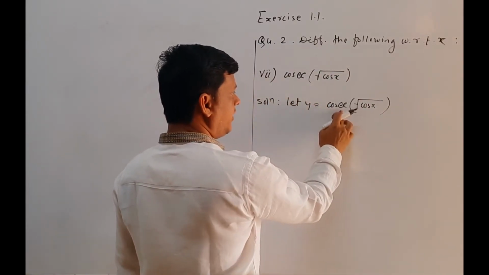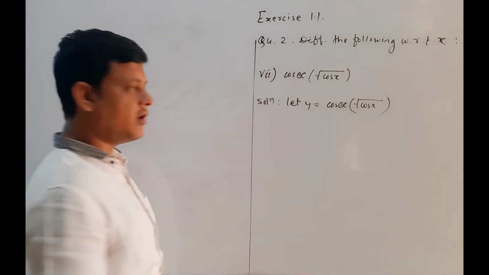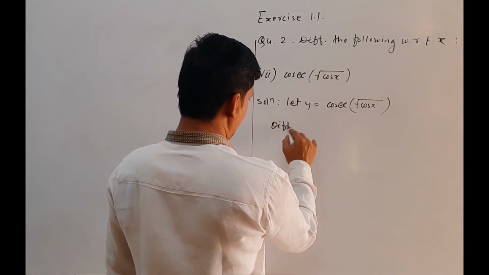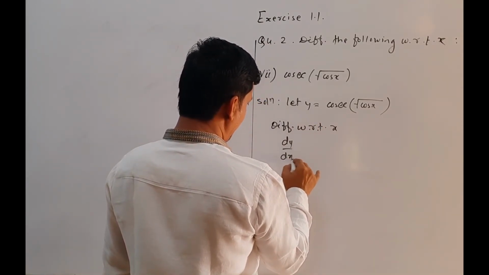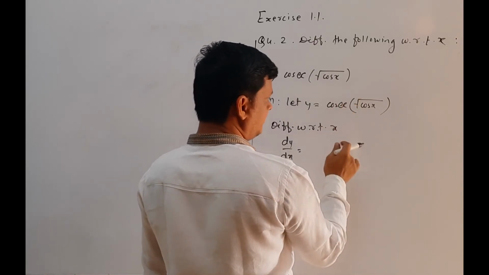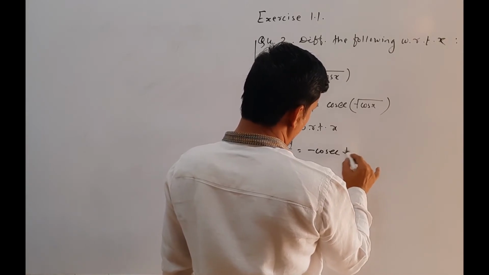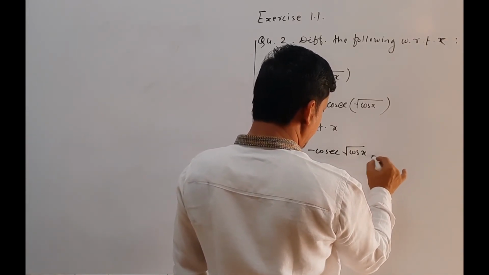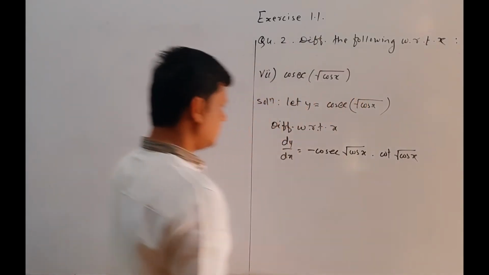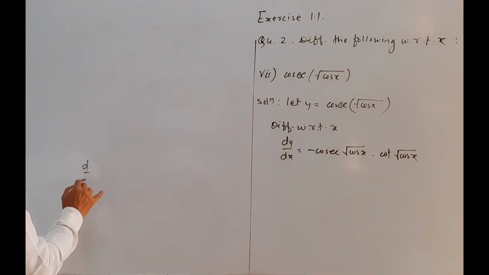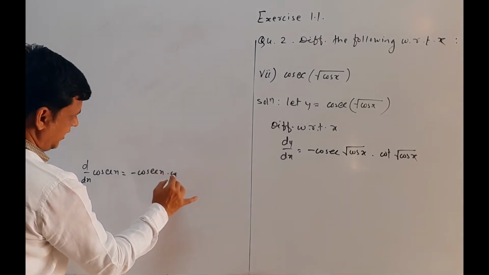So first we find the derivative of cosec, then we find the derivative of this root, then we find the derivative of cos x. So we write here differentiate with respect to x. So we write derivative of y as dy by dx, derivative of cosec. So derivative of cosec is minus cosec of root of cos x into cot of root of cos x, because we know that d by dx of cosec x is minus cosec x into cot x.